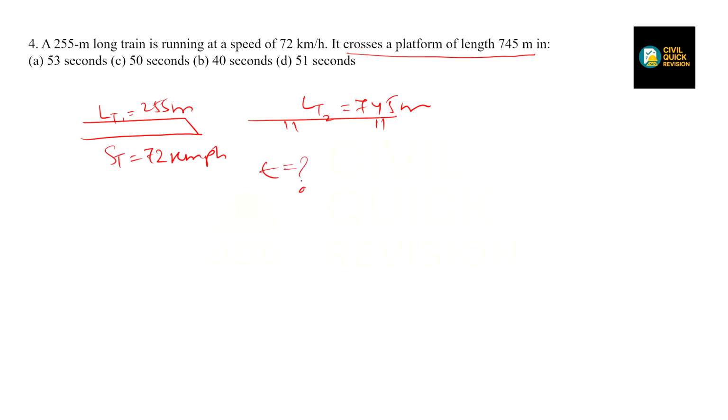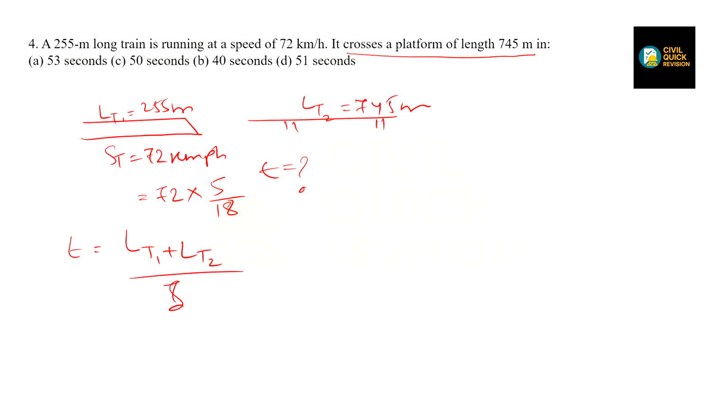First of all, we can calculate the time from this equation. As you all know, time is equal to distance by speed, where distance is L T1 plus L T2, and the speed of the train is given as 72 km per hour. We can convert it into meter per second by multiplying with 5 by 18. So see how much we get.